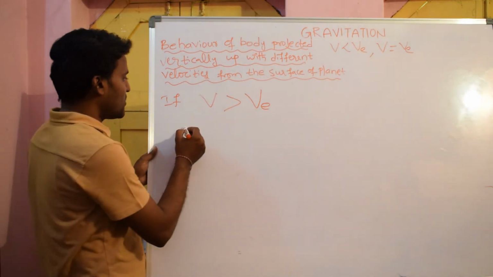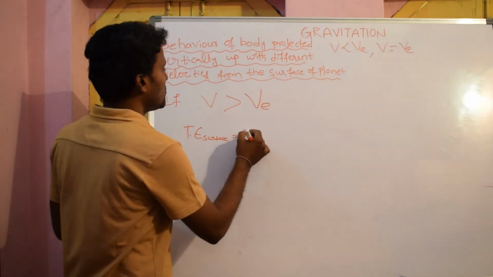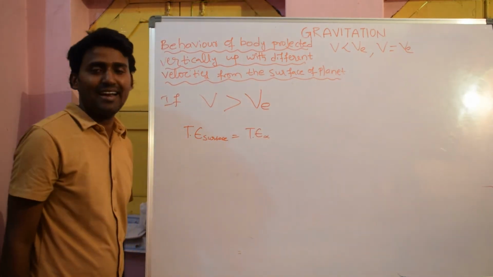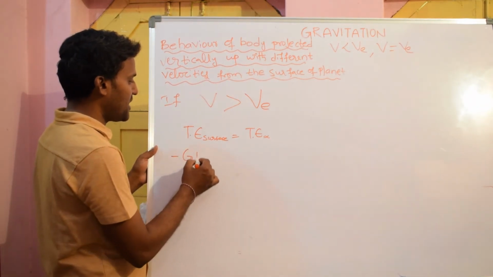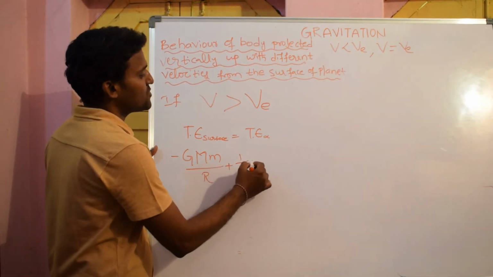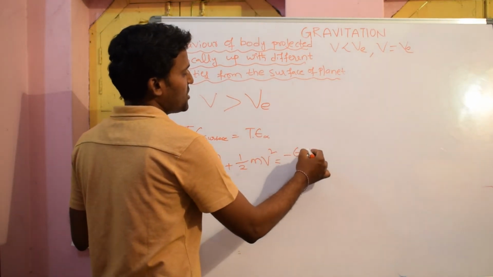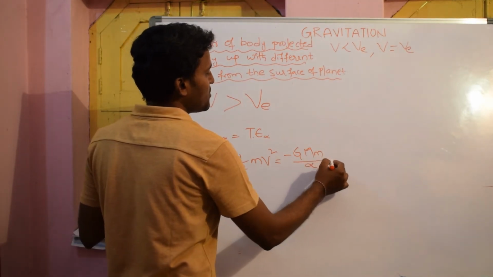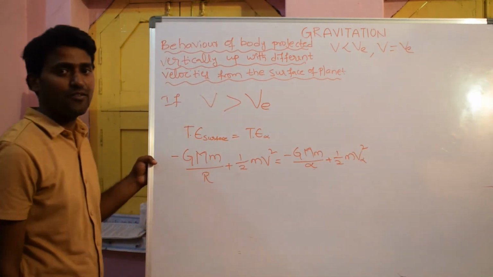Now, to calculate that, the total energy on the surface is equal to the total energy at the infinity position. So the total energy on the surface means potential energy, minus G M m divided by R, plus kinetic energy, half m v square. And at infinity, potential energy is minus G M m divided by the infinity distance, plus kinetic energy, half m v infinity square.